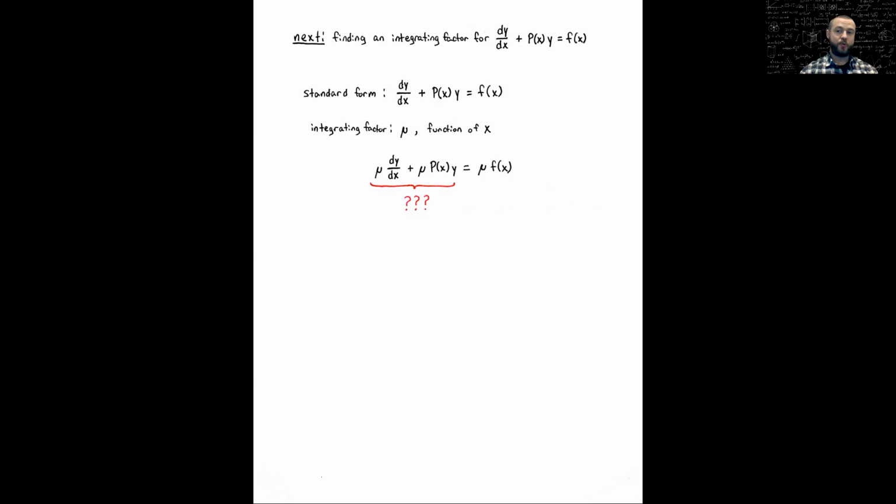How we continue with deriving the formula for mu, which will also be how we solve these, is we're going to look at this left side as being familiar to something that you might have encountered much earlier in calculus. Now, I don't want to tell you, but I'll give some hints. Take a look at that left-hand side.